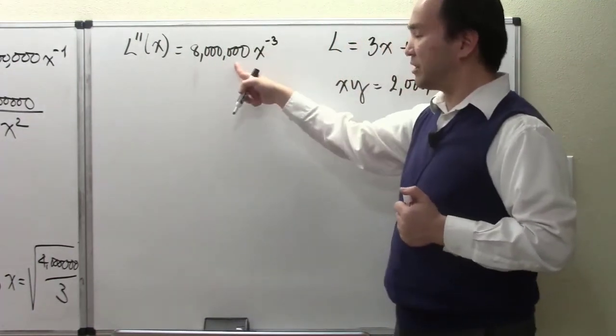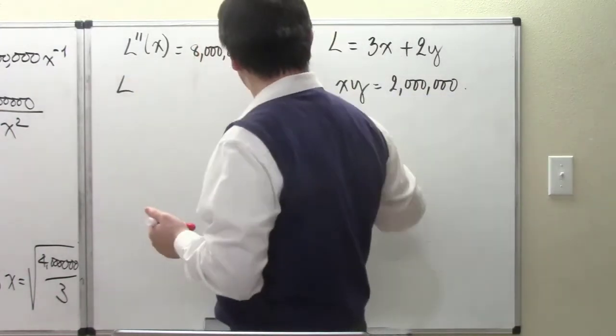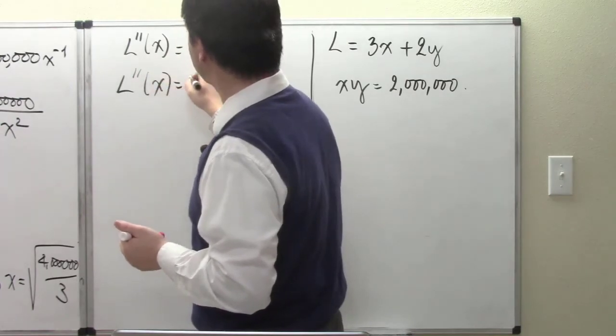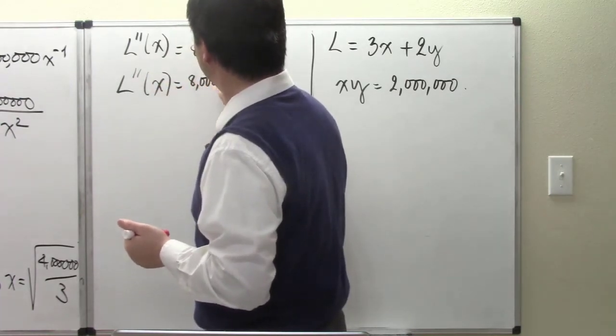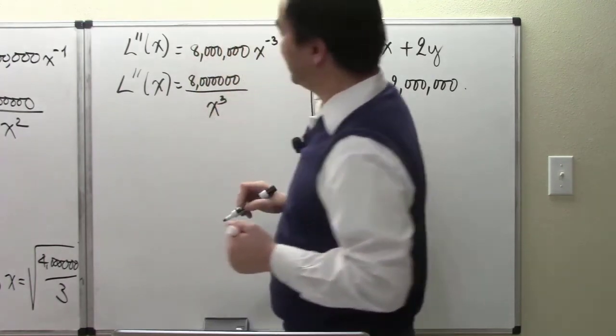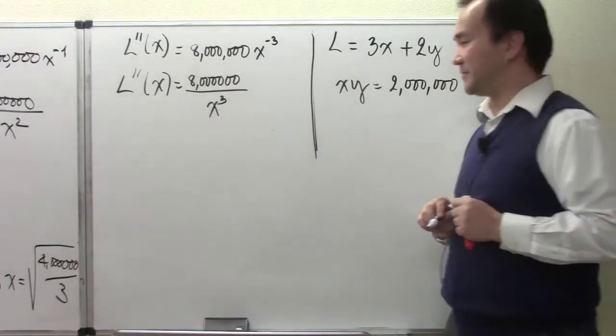Another way of writing that is L double prime of x equals 8 million over x cubed. So that's our second derivative of L of x.